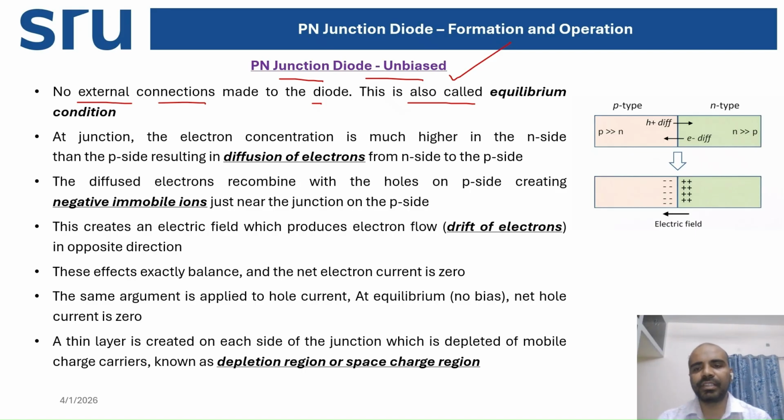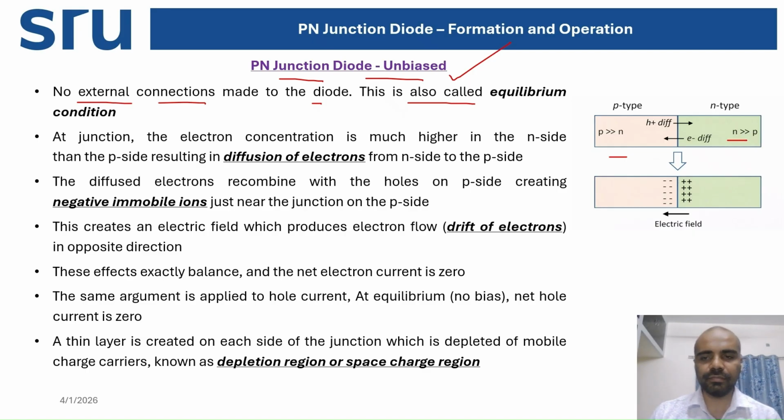So we now discuss the equilibrium condition, or the unbiased condition, of a PN junction diode. As we have discussed, at the P region or P side, the concentration of holes is high, and at the N region or N side, the concentration of electrons is high.